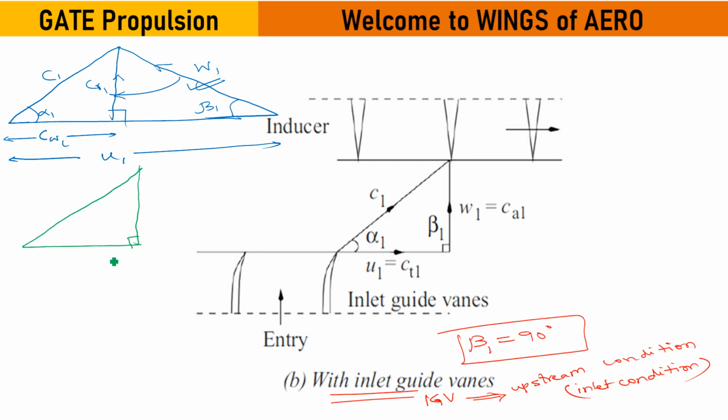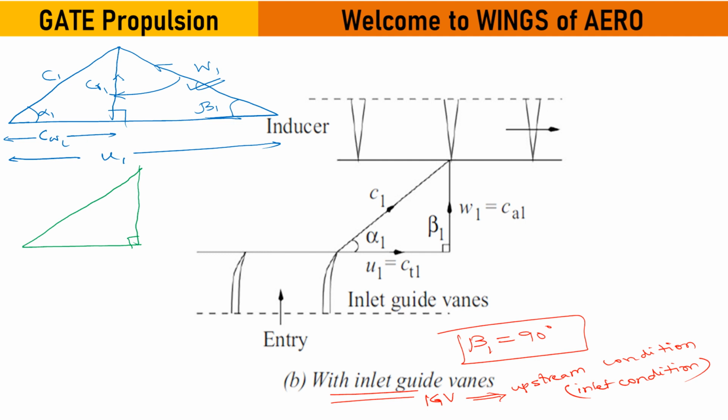Now one more type of question, it's quite obvious: they might give you different types of velocity diagrams and ask you to identify which is the correct velocity diagram for so and so condition. For that type of question also, knowing the schematic diagram is very important.